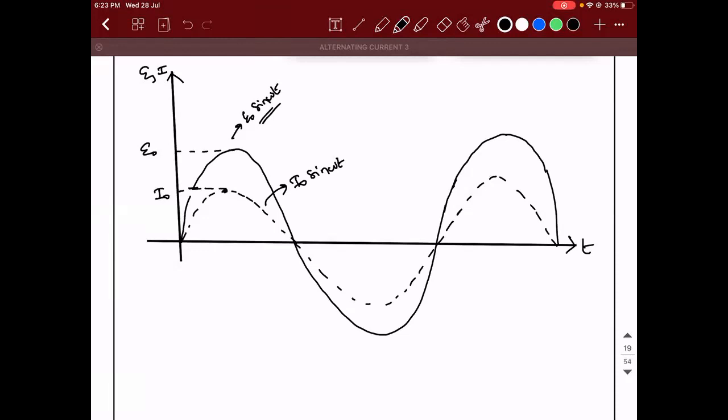Are you clear with this? Yes. So this is the graphical representation of the relation between EMF and current.